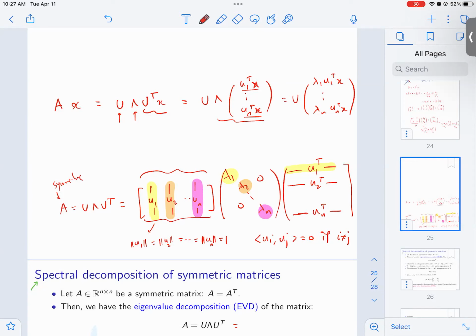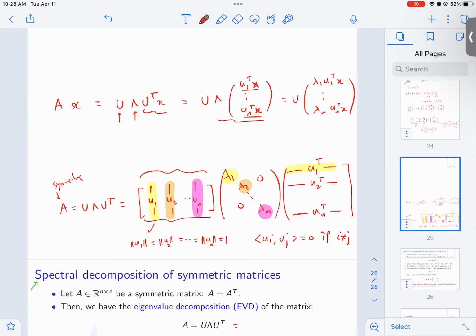So if A is symmetric, I'll always find this orthogonal basis of eigenvectors. If you haven't seen it, it takes a while to get used to. Once you get used to it, you see that the decomposition basically reduces every symmetric matrix to a diagonal matrix.